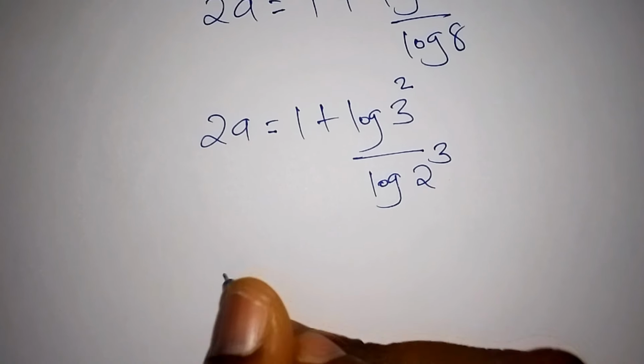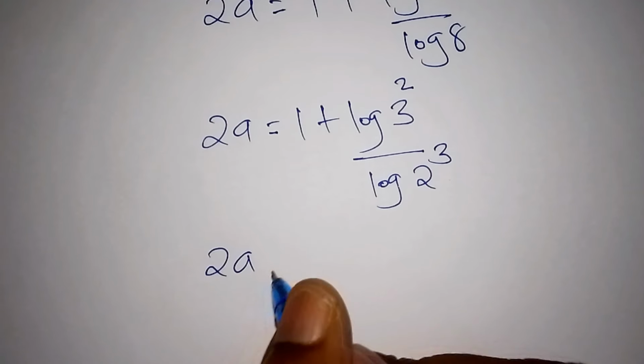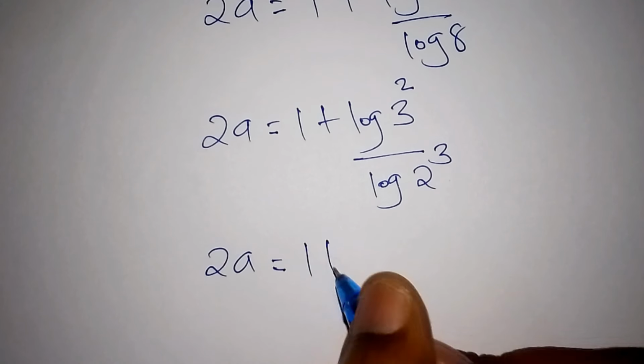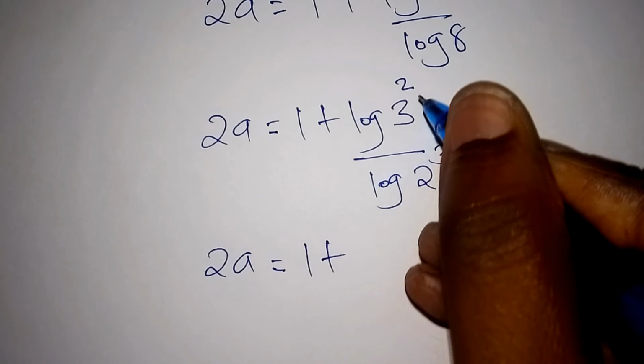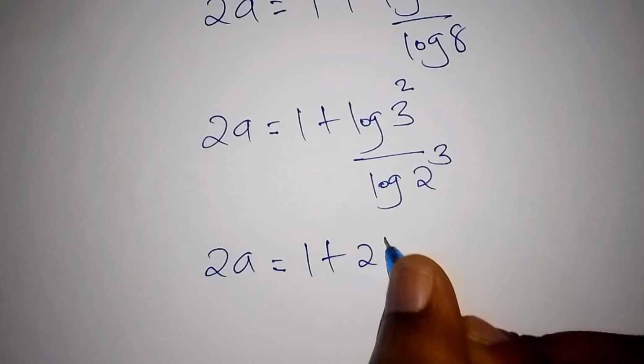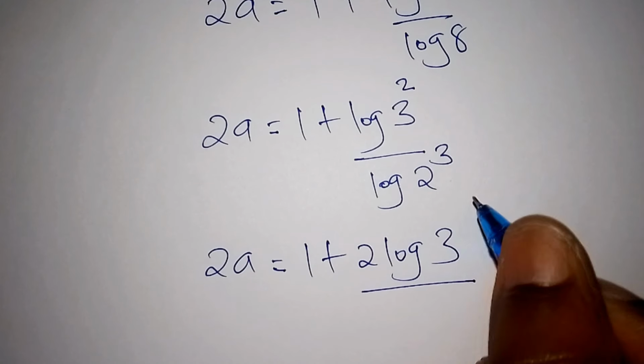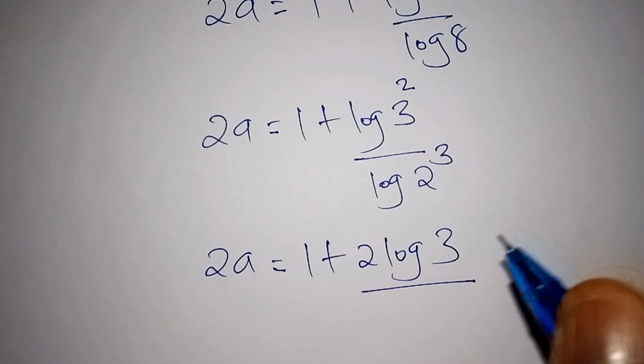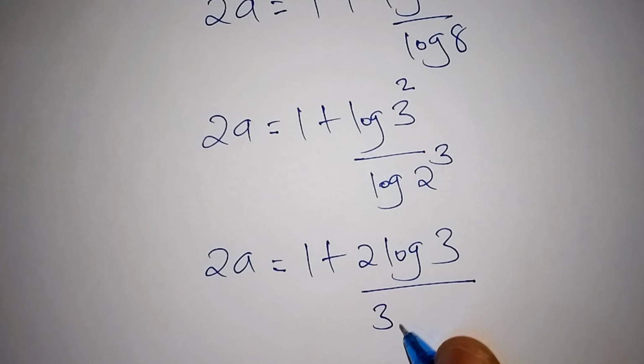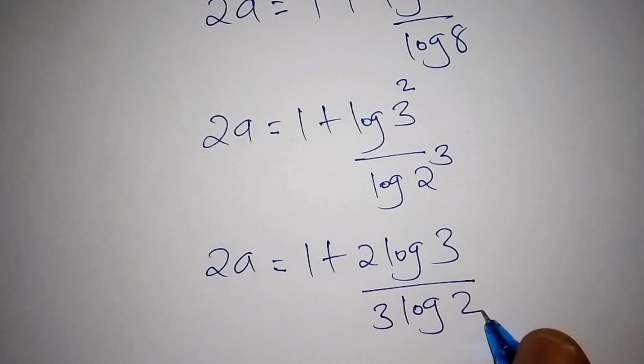When you rearrange it, you shall say that 2a is equal to 1 plus, the log of 3 to the power of 2 can also be written as 2 times the log of 3, all over 3 times the log of 2.